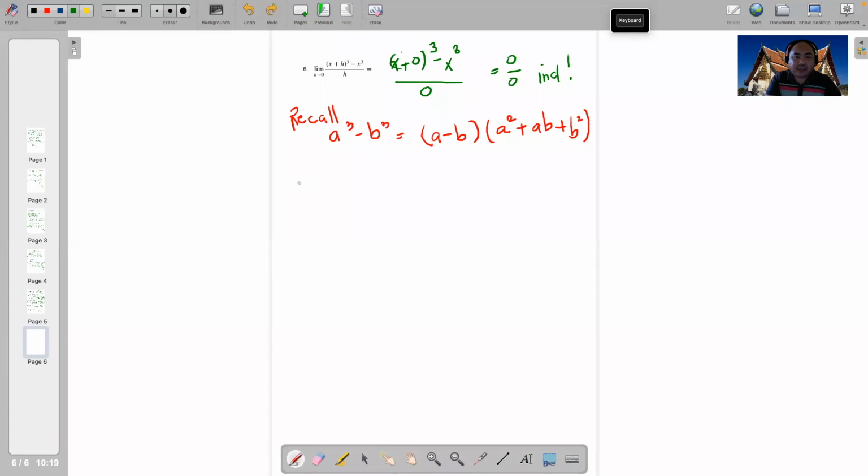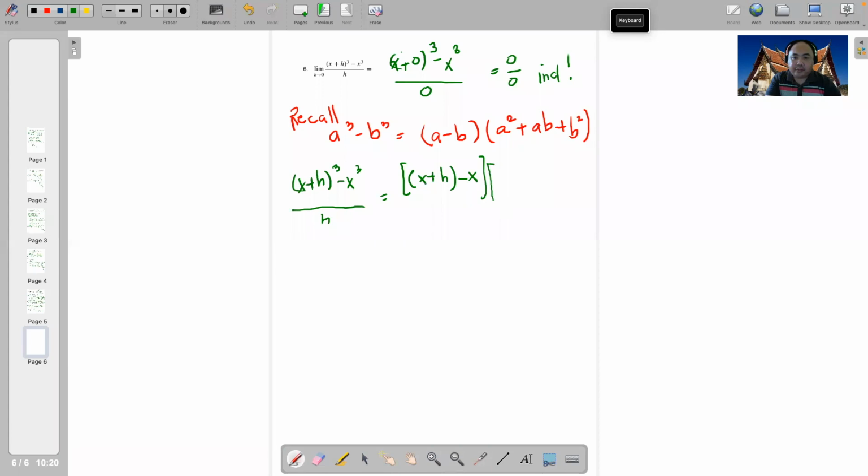to expand x plus h cubed minus x cubed over h using this difference of two cubes. We expand this. This is now x plus h minus x.